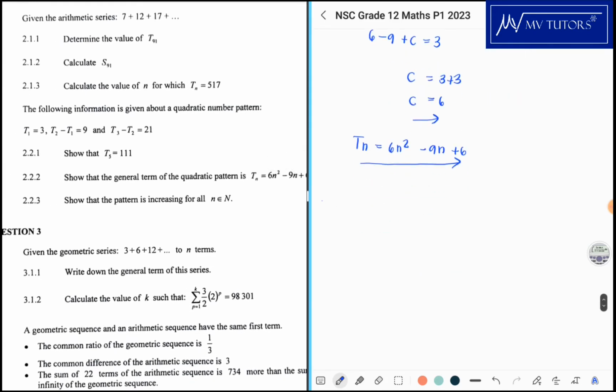Now 2.2.3, and then we are done with question 2. It says show that the pattern is increasing for all n is an element of capital N, so natural numbers. With natural numbers, we do know that they have to be bigger than 0. Whole numbers would include 0, but natural numbers are bigger than 0.